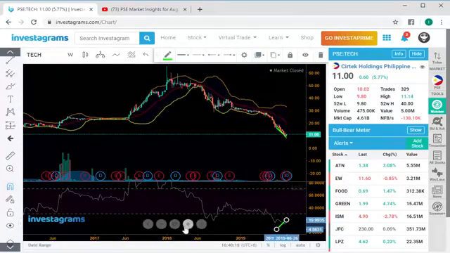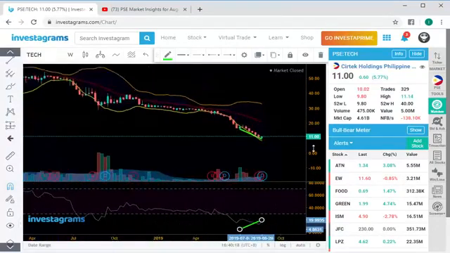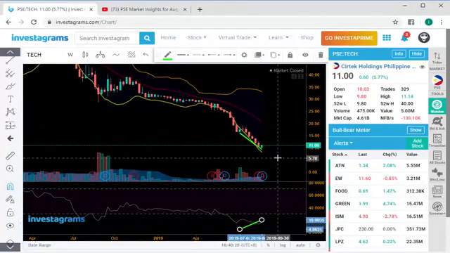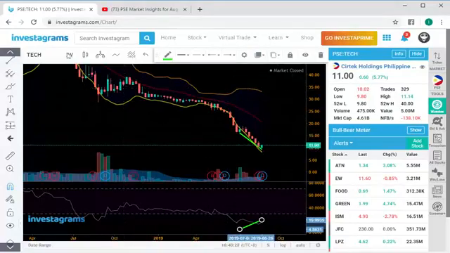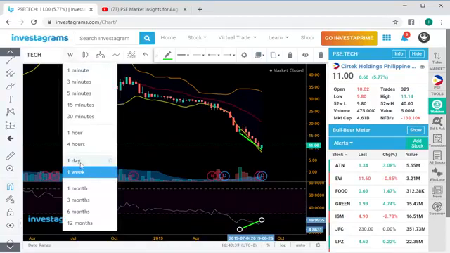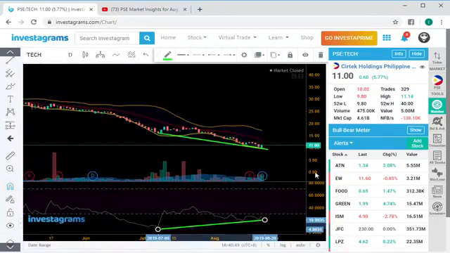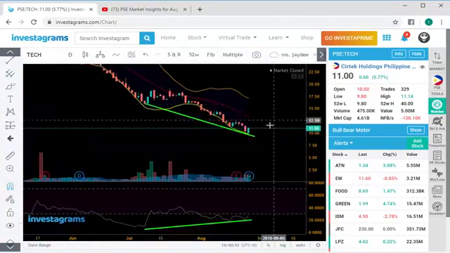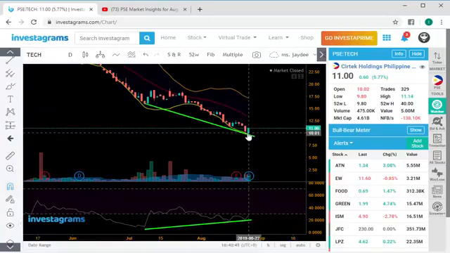Because if you are a trader, if the market moves against our analysis, then that should be invalidated. Okay, now what are you going to do if the price starts to move against our favor? Then just set your stop loss area.